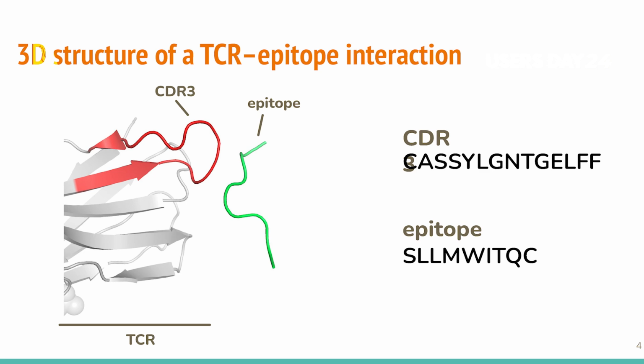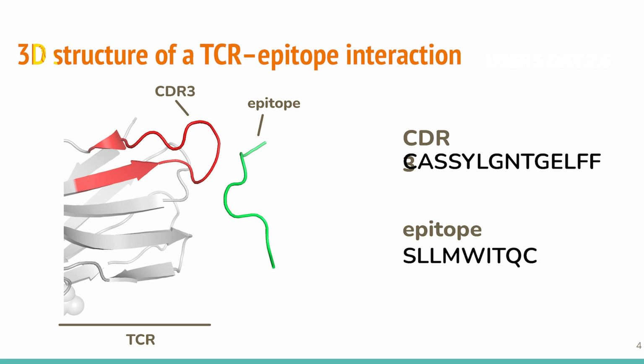It also has a lot of variability, so the other parts of the T cell are the same for almost all T cells, but the CDR3 region is actually the thing that is different in almost all T cells. And then on the right is the epitope, the short piece of protein from the pathogen or cancer cell.